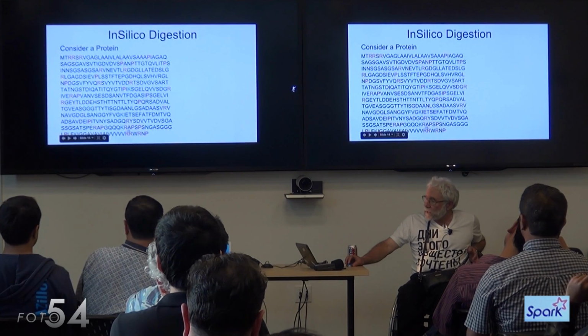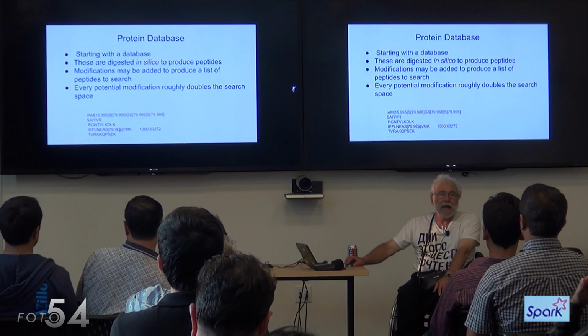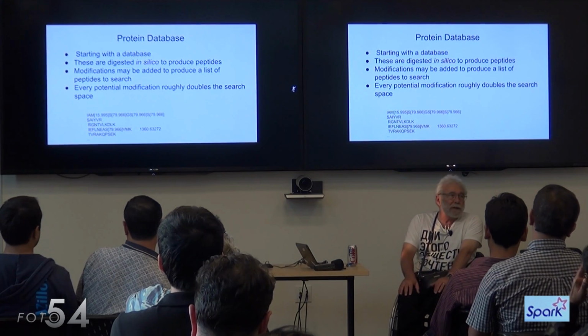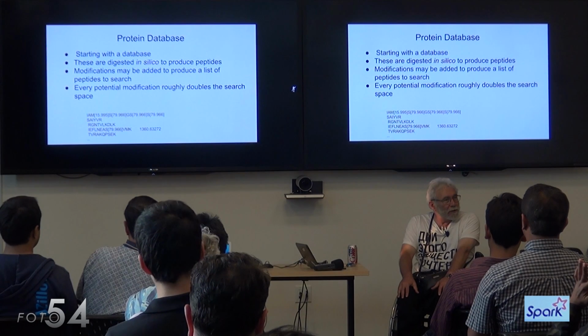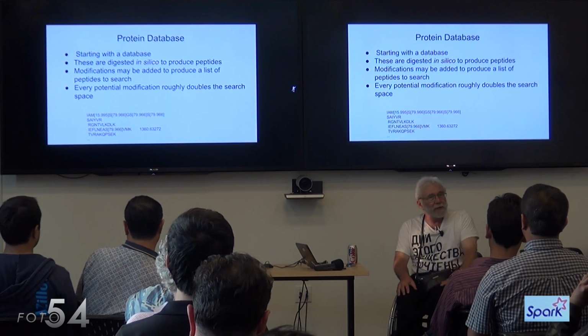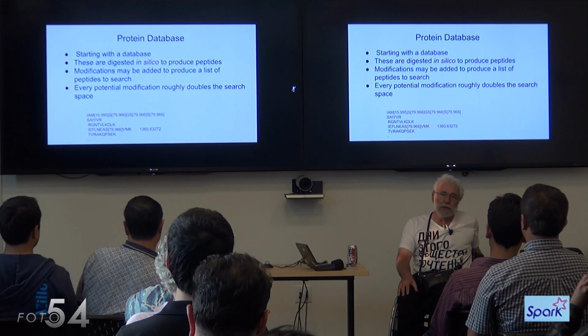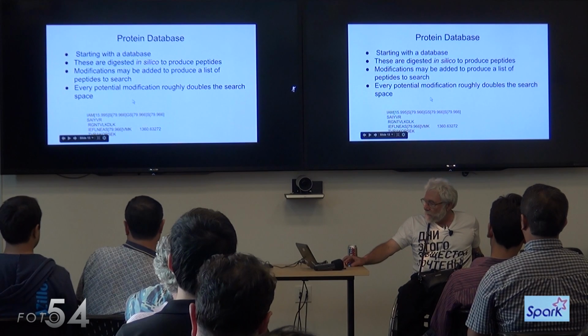So you start with a list of fragments, and now you go back and you add chemical modifications. It turns out that there are chemical groups that can bind to amino acids. Sometimes they're there, sometimes they're not. And for every modification you have to generate the fragment with or without the modification.